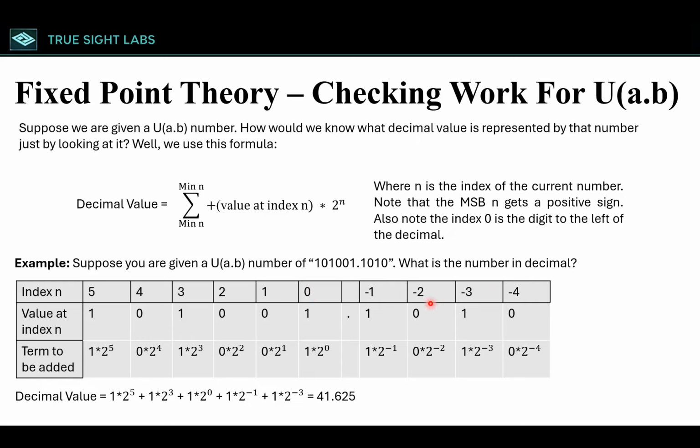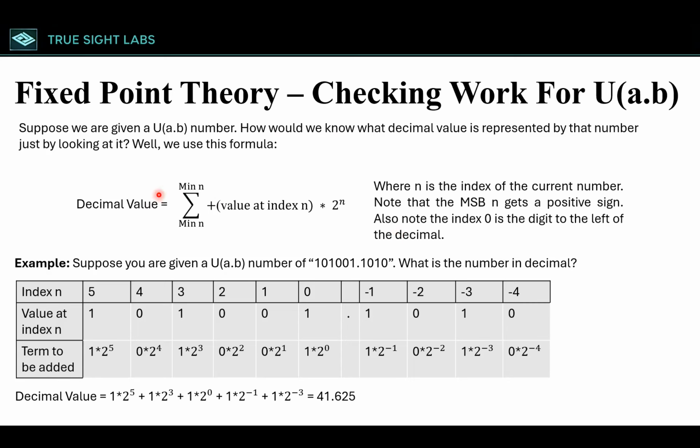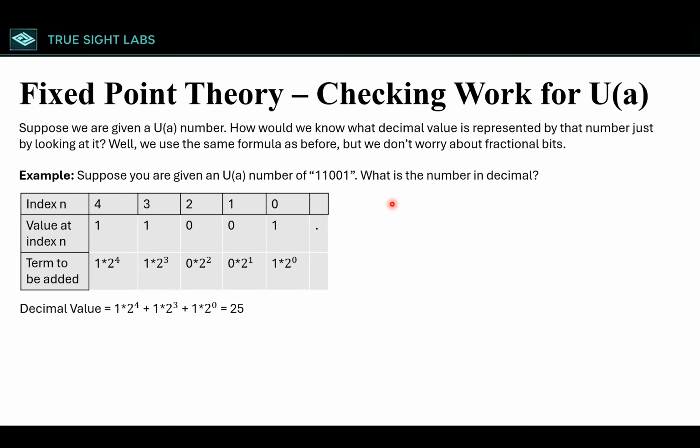And so we write our indexes, and we generate our terms, and then we sum our terms to get this number. So this number here is equal to this. So for UA, it's the same thing again, just no decimal point. We use this formula here, but we just don't deal with everything past the decimal, so the fraction component is ignored. So when we do that, we get this number is equal to 25.